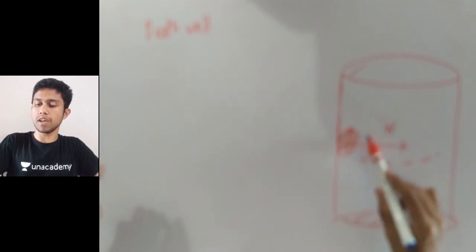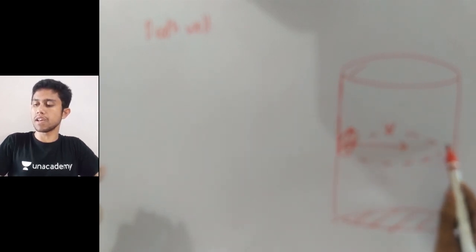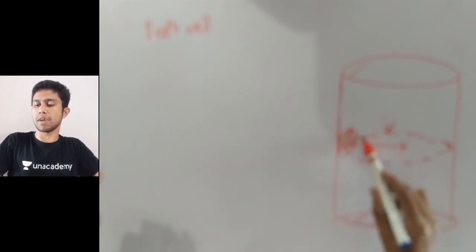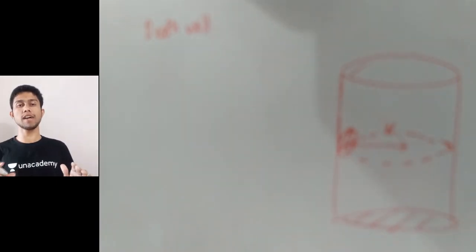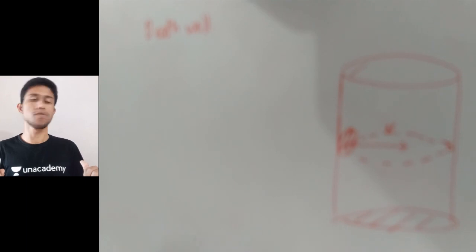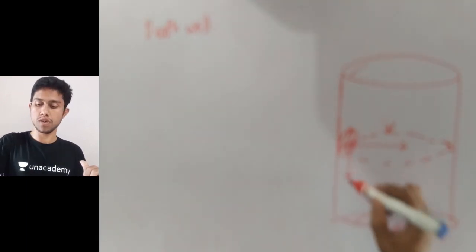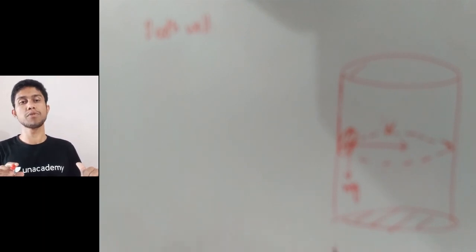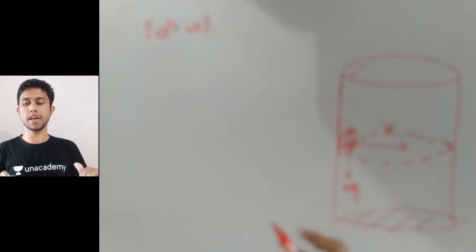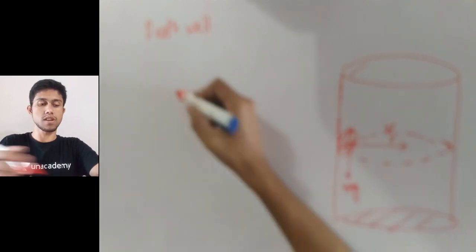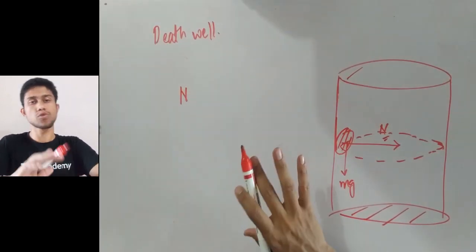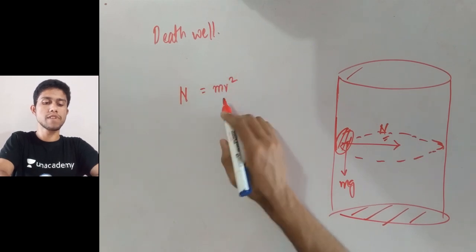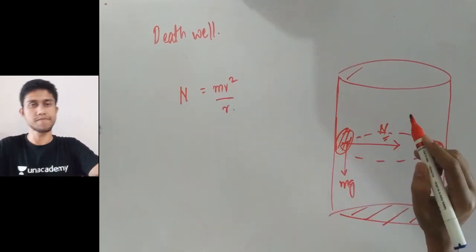Okay, so the stuntman is going to rotate in this path. If I ask you which force is going to contribute to the centripetal force, in this case this normal force contributes to the centripetal force, that is N equals mv square by r.